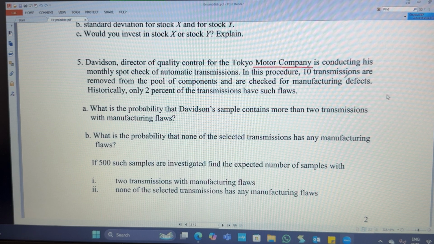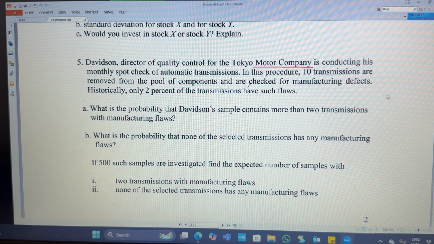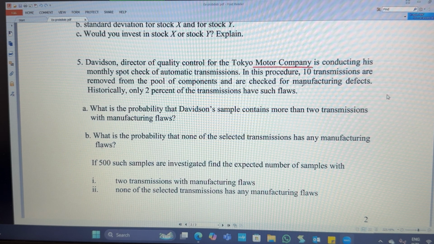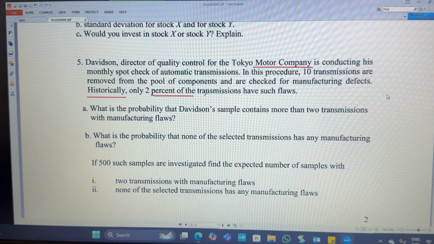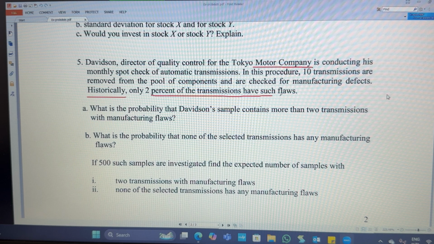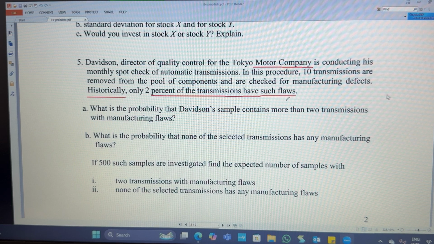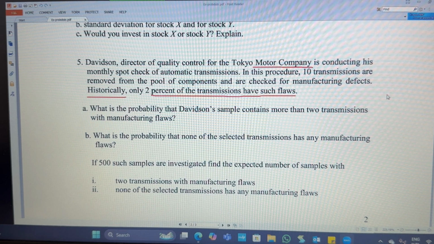In this procedure, 10 transmissions are removed from the pool of components and are checked for manufacturing defects. Historically, only 2% of the transmissions have such flaws. What is the probability that the Davidson sample contains more than 2 transmissions with manufacturing flaws?